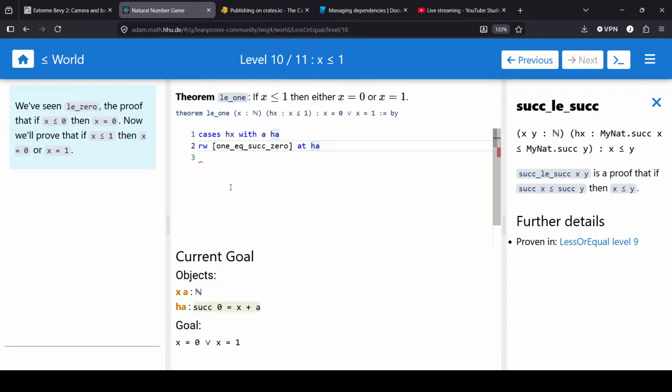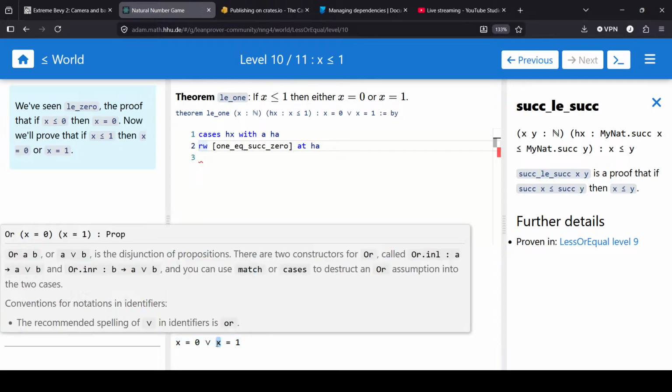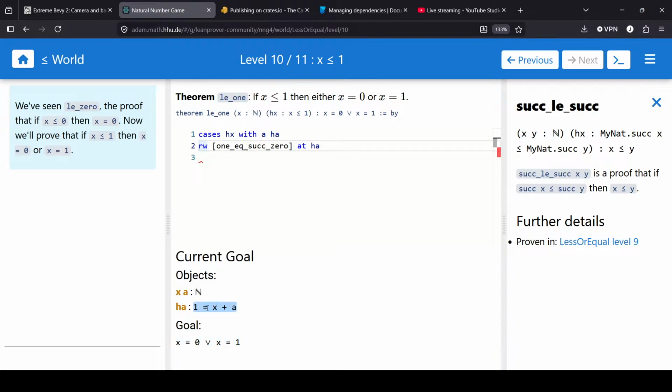I guess I could substitute. Like if I picked one of these sides, well, no, I can't. I can't just like rewrite this, can I?